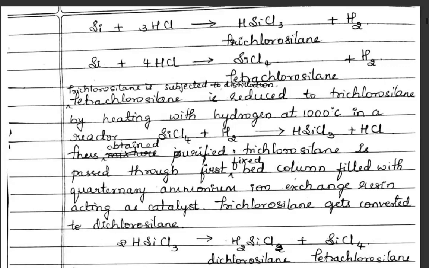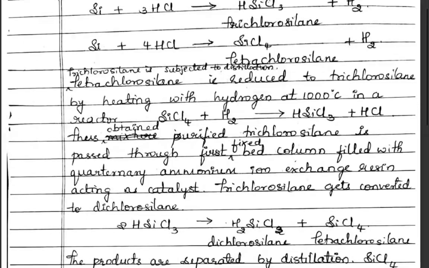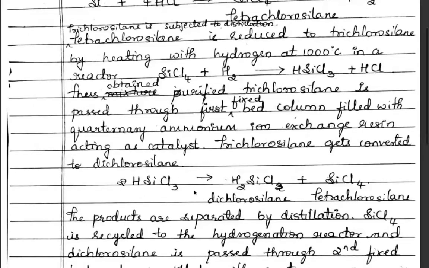The obtained mixture is purified and then subjected to a fixed bed column. This is the first fixed bed column, which has a catalyst called quaternary ammonium ion exchange resin catalyst. This catalyst converts trichlorosilane to dichlorosilane.